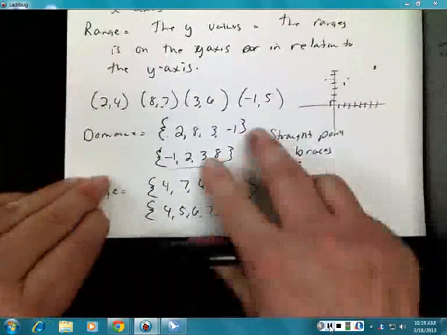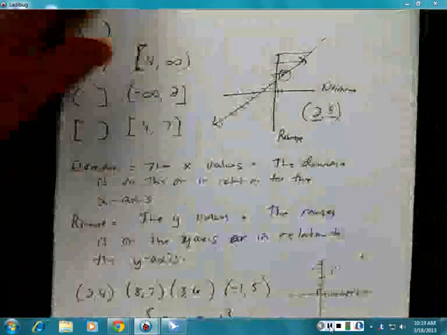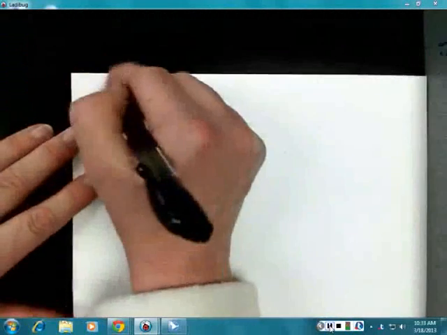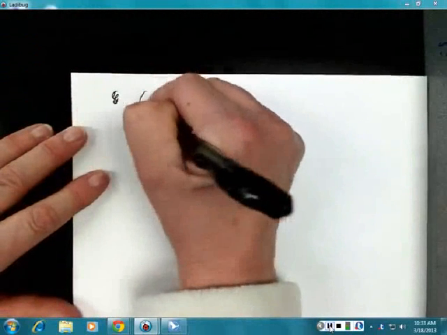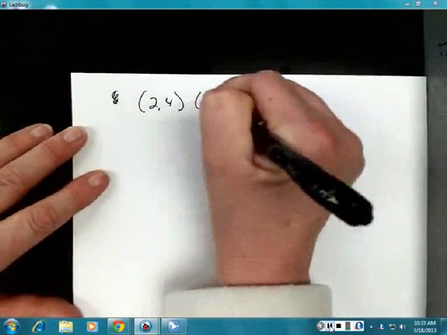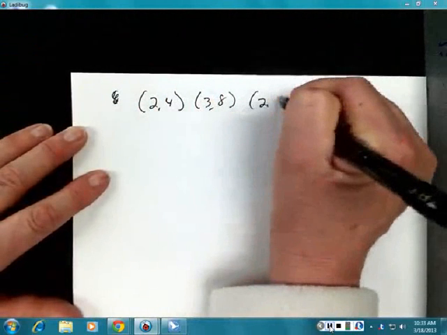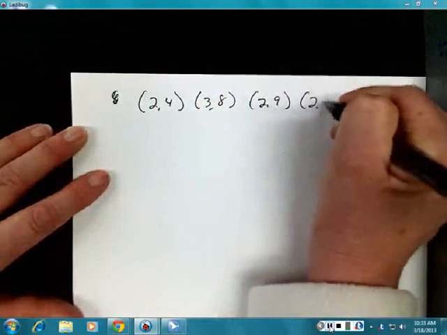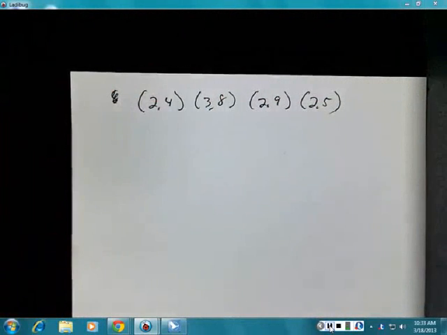Now, in these domains and ranges, not always do you have everything that's separate. So if you were given these points, 2, 4, 3, 8, 2, 9, and 2, 5, what would be my domain?